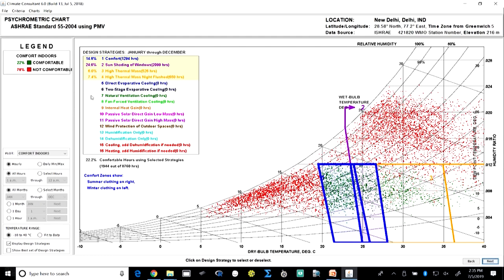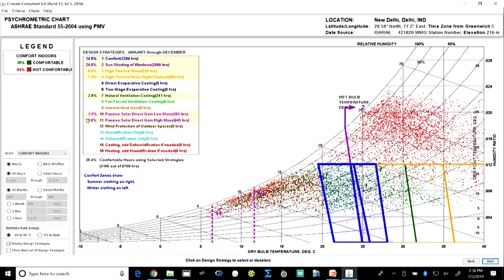If I add natural ventilation, it will add around 2.8% of the hours to the comfort zone. Suppose I add passive solar heat direct gain, it will bring in around 3.5% of the hours during winters to the comfort zone.